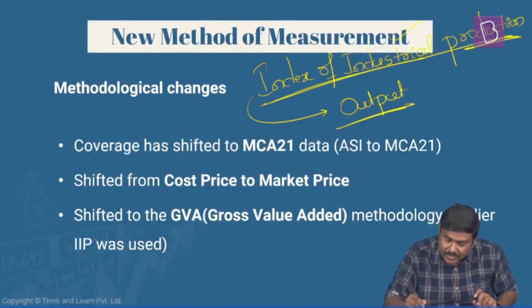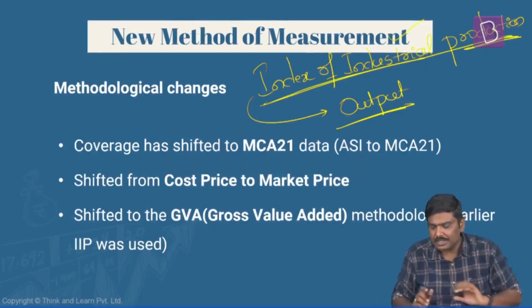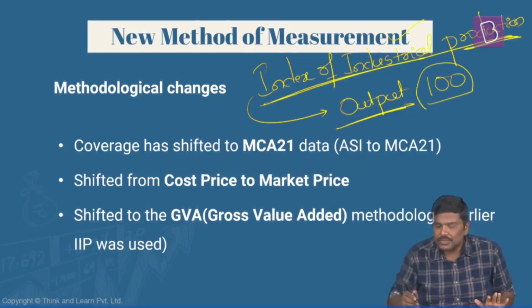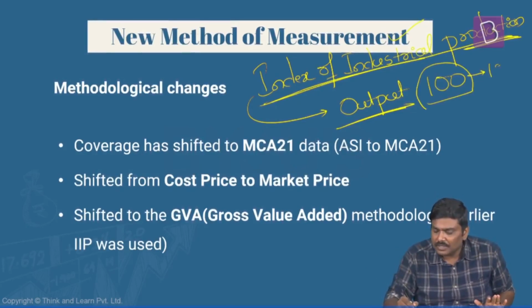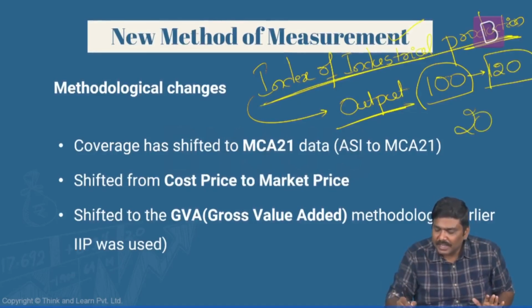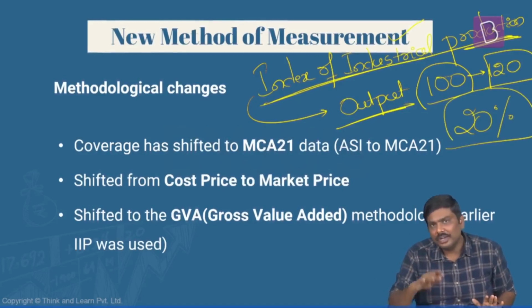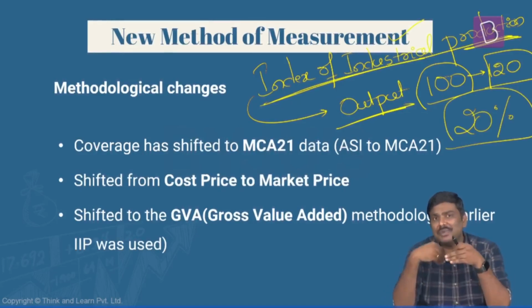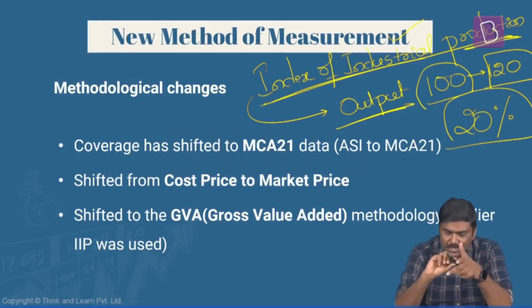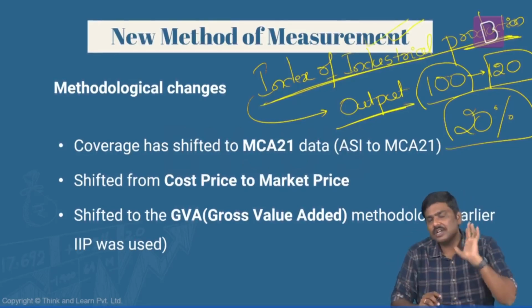Under the concept of index of industrial production, what generally happens is, imagine in one of the years, we have produced 100 goods. In the next year, the output increases to, let's say, 120 units. Then as per IIP, basically, the IIP is nothing but 20% here. So, by what percentage volume of production has increased? That measurement is nothing but index of industrial production.